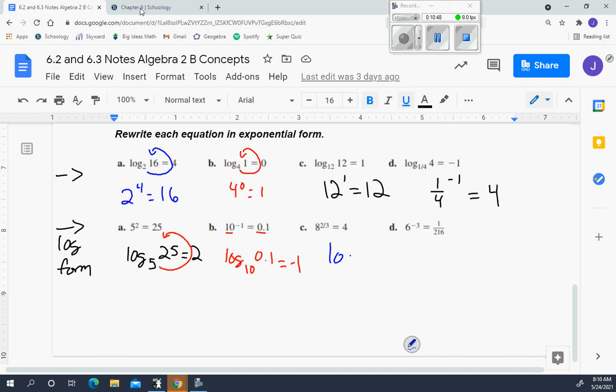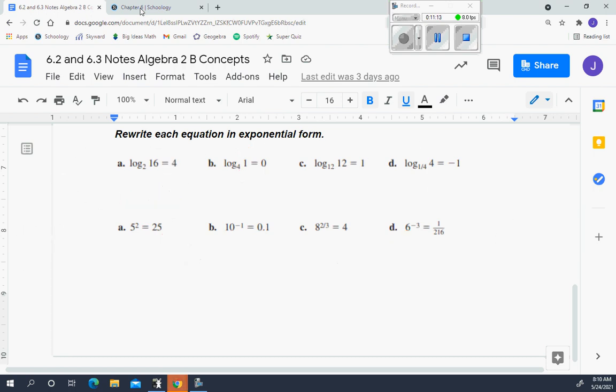This is log base 8 of 4 equals 2/3. And last one, I know, left side, log base 6 of 1/216 equals negative 3. Got it. So that is log and log base E simplification.